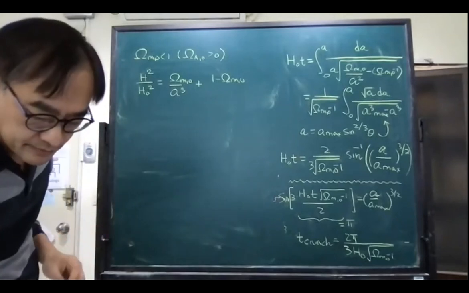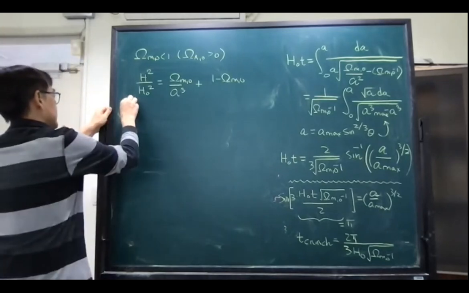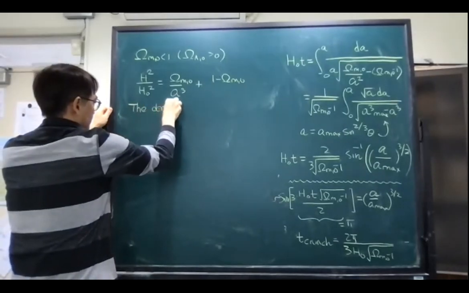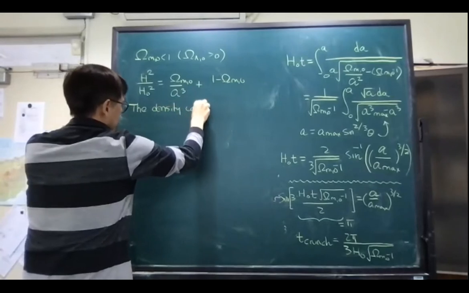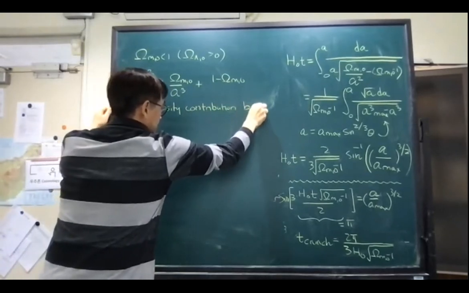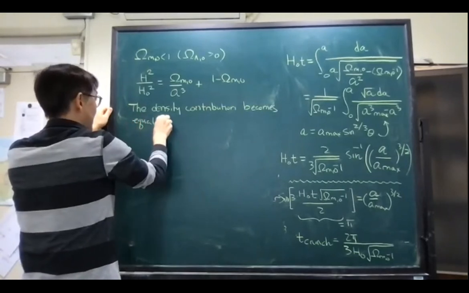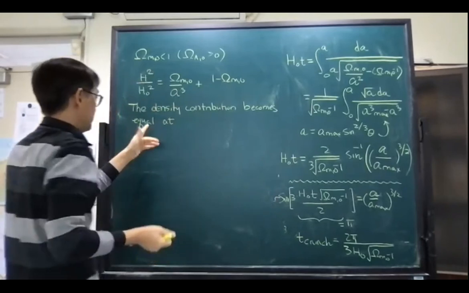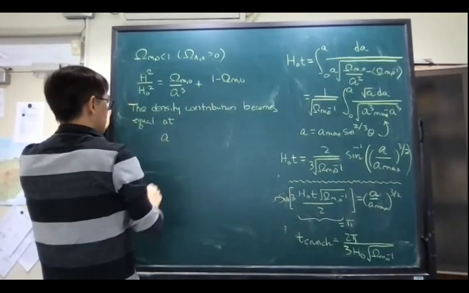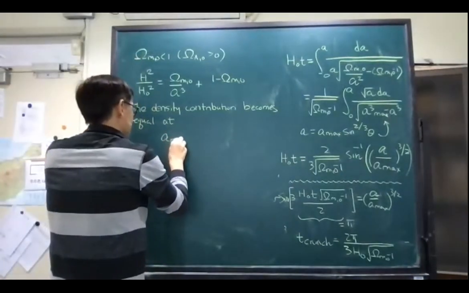So the density contribution becomes equal, meaning this side is equal to that side. That means a, we call that scale factor a m lambda.